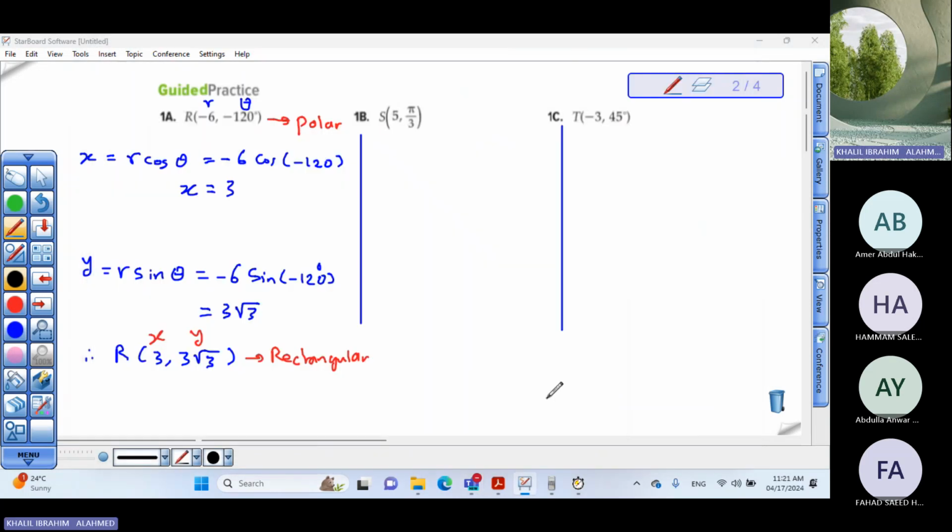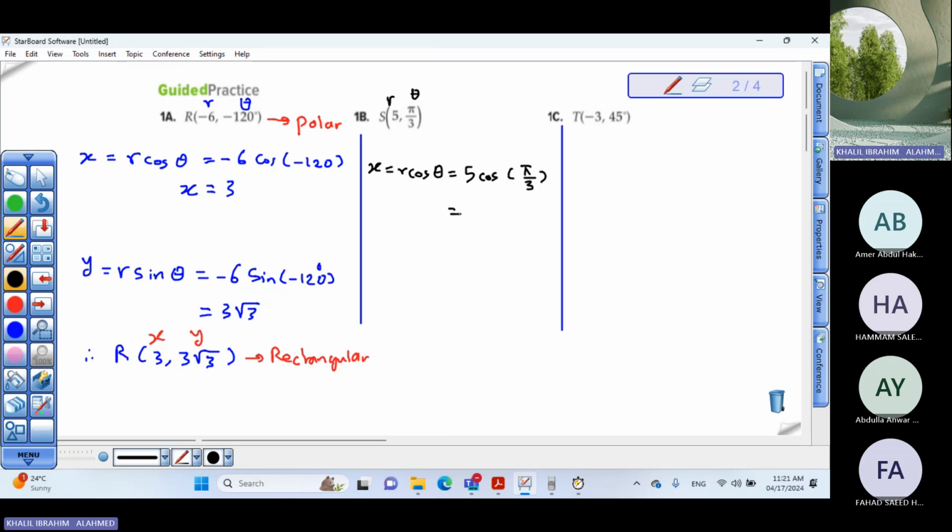Okay, let's start to solve the question. As you see here, R equals 5, theta equals pi over 3. The formula to find x equals R cosine theta. This equals 5 cosine pi over 3.